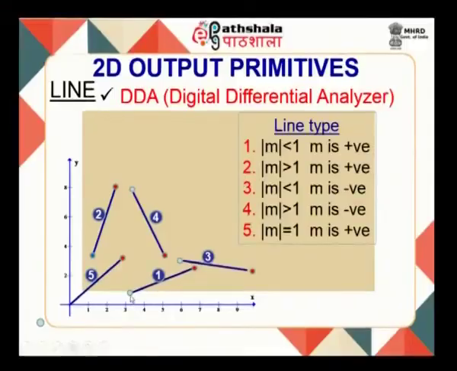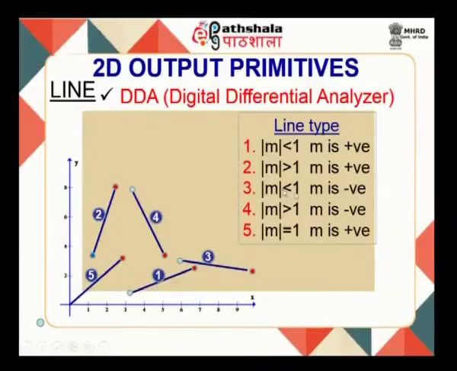When we move from the first point to the other end point, if the slopes are positive, that is, dy by dx is positive. For line types 1 and 2, the slopes are positive, but for line types 3 and 4, the slopes are negative.